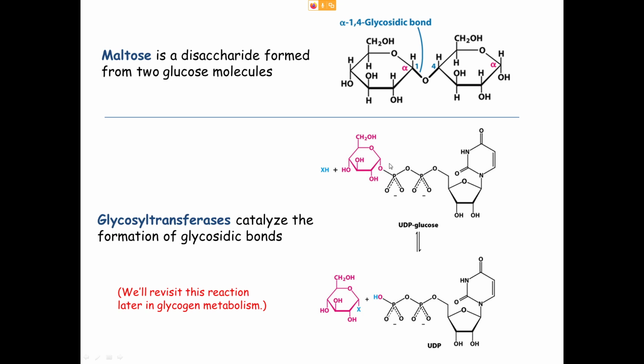The sugar wants to leave, much like the third phosphate wanted to leave when we made this, right? So the UDP separates from the sugar, the X goes on the sugar, and the H goes with the UDP to leave as UDP, right? So here we have X attached to the sugar. X could be anything. It could be another sugar in the case of glycogen metabolism. And we'll cover that when we get to that in metabolism.